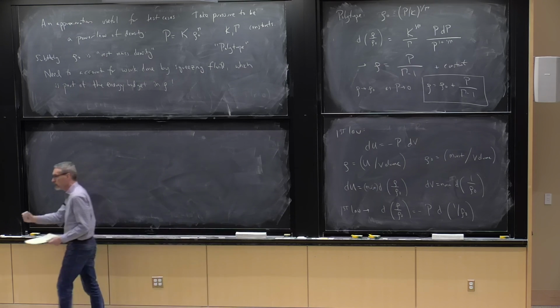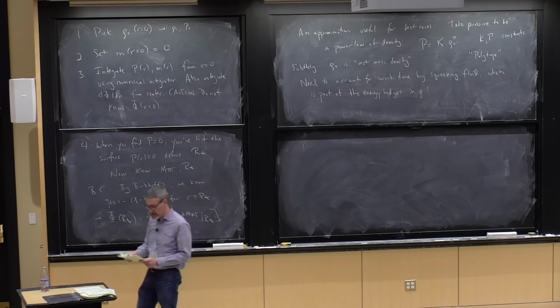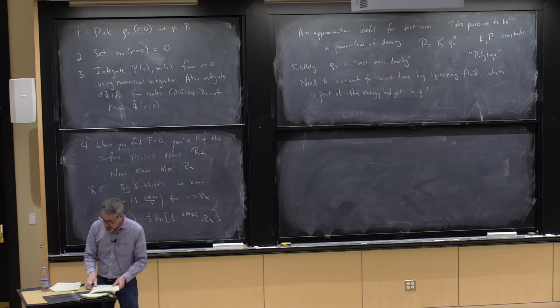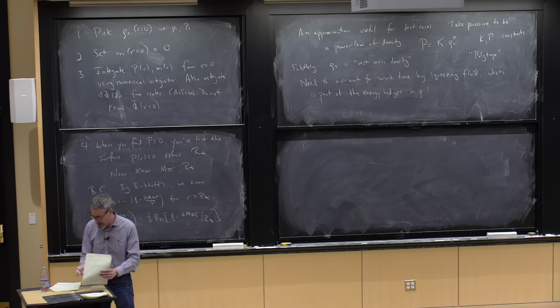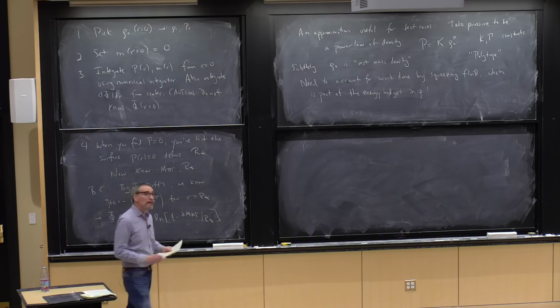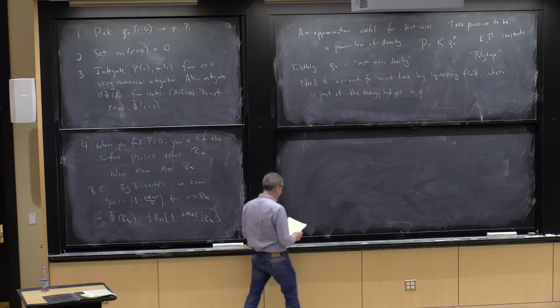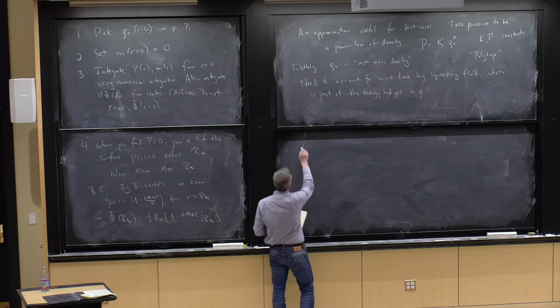I'd like to take this moment to take a little bit of a detour. Let's imagine that we have a space-time that is Schwarzschild everywhere.